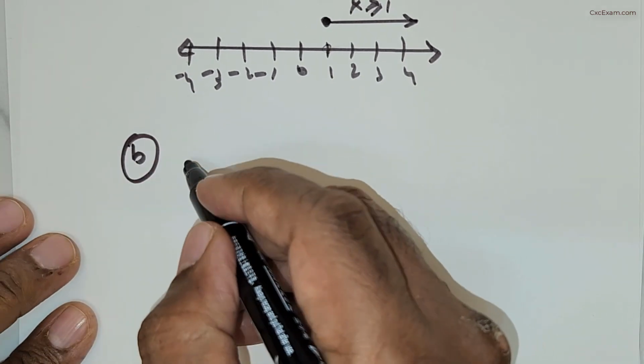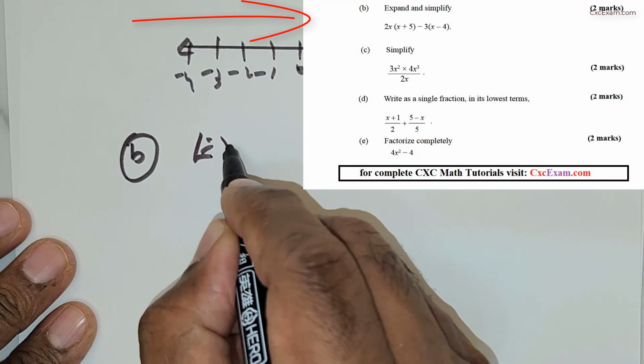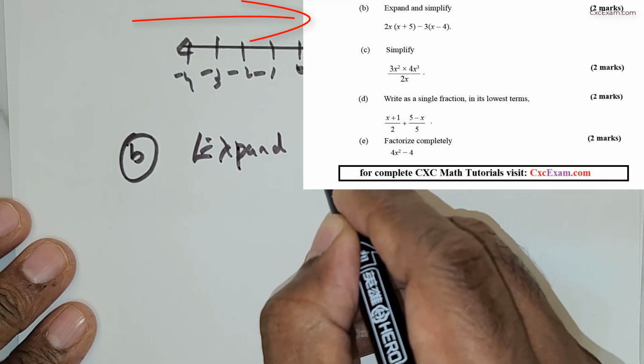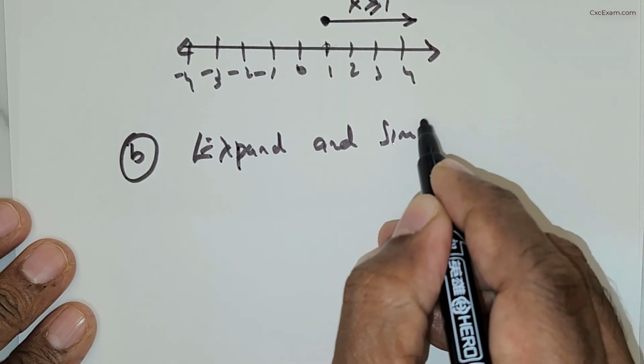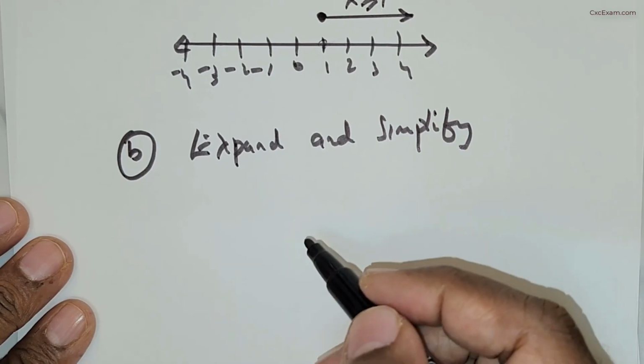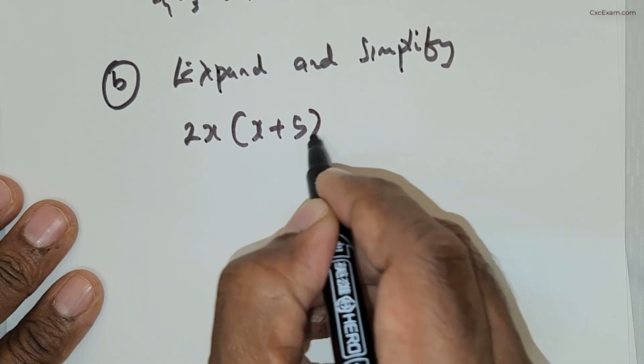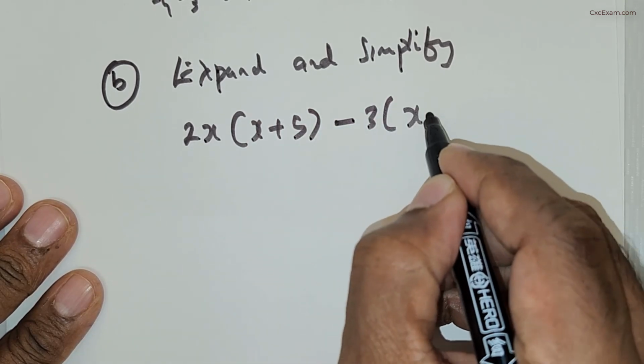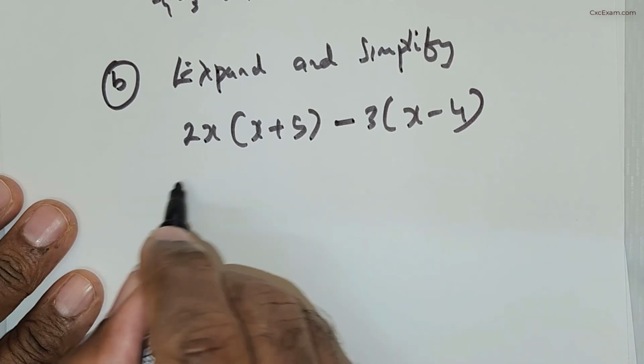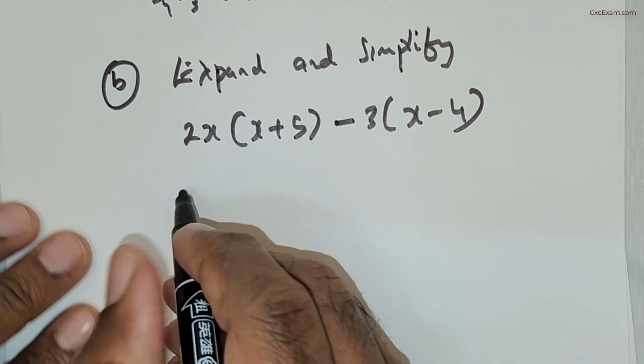The next question is expand and simplify. So we have 2x of x positive 5, negative 3 of x negative 4. Now you distribute 2x.